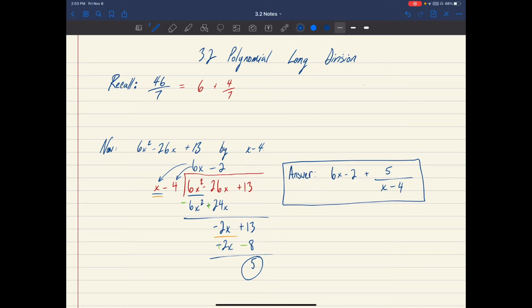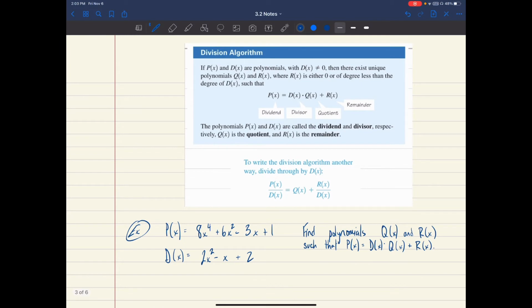Okay, let's do our next thing. This ramps up pretty quickly. The division algorithm uses the dividend, divisor, quotient, and remainder, which we already worked with in that last example, and now this is asking us to put them in specific forms. Here is one form, and here's the other form.